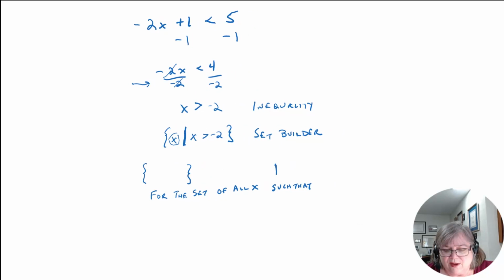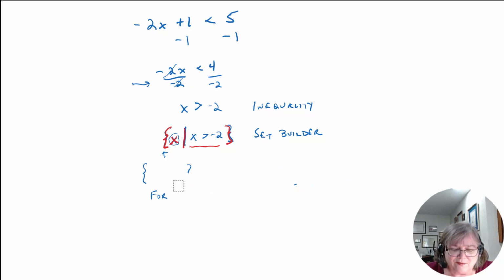And then you have x is greater than negative 2. So when you read this, starting right here, you would say, for the set of all x such that x is greater than negative 2. So it's just a fancy way of saying, hey, the numbers that are greater than negative 2 are the numbers that I want.